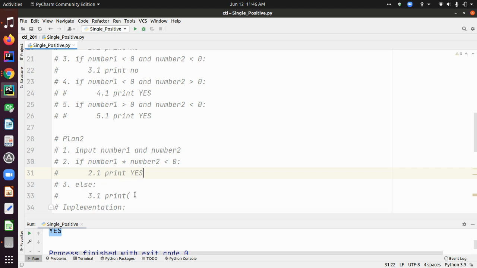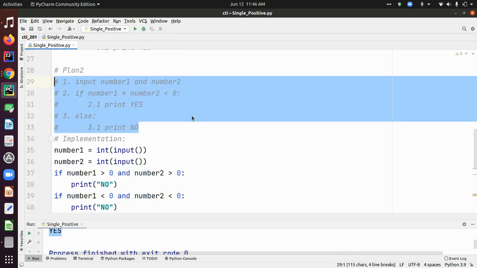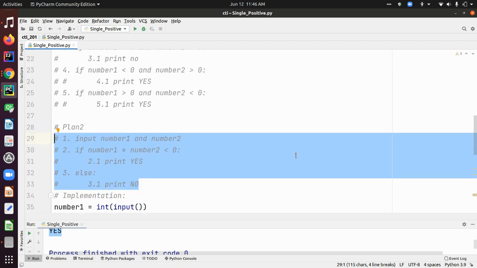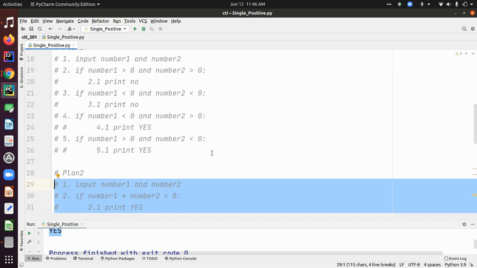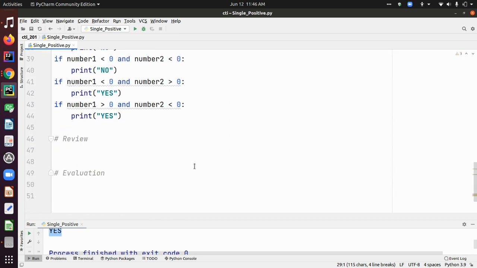Yes, and otherwise, if it is positive, basically we print no. Now you see that this algorithm has only 5 lines, and I have more than 5 lines here, right? So that means I should be able to get some elegant code for that.